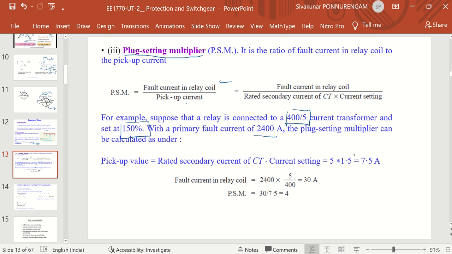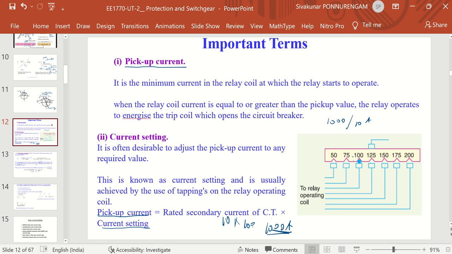To calculate the plug setting multiplier, the pickup value is the rated secondary current, 5, into 1.5, because the current setting is 150 percent. So we set 7.5 amps. This is the pickup value.